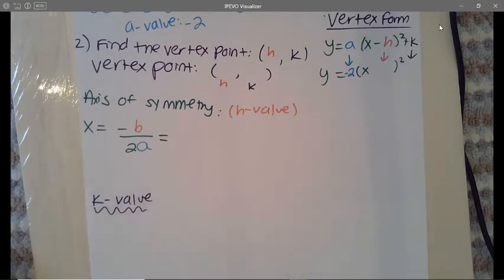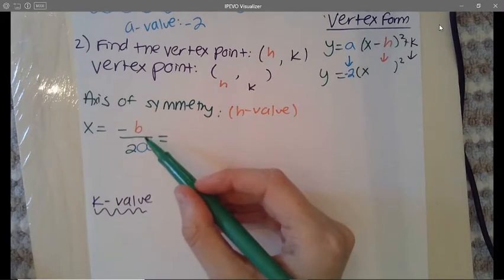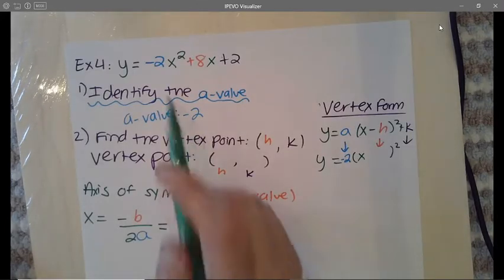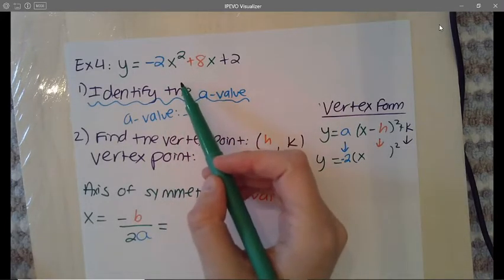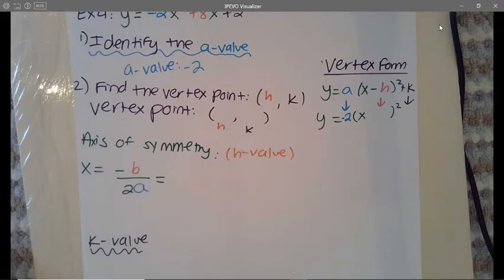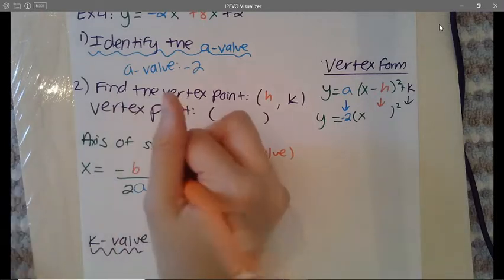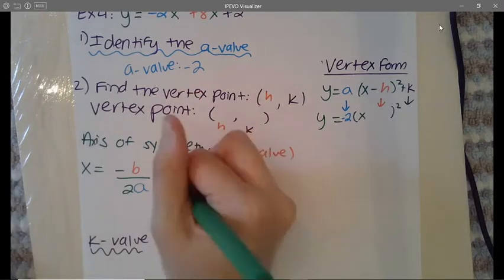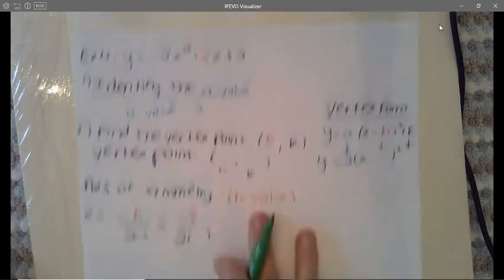So, the axis of symmetry is the opposite of b. So, the opposite of +8 is -8. So, it's going to be -8 over 2 times a, which a is -2.